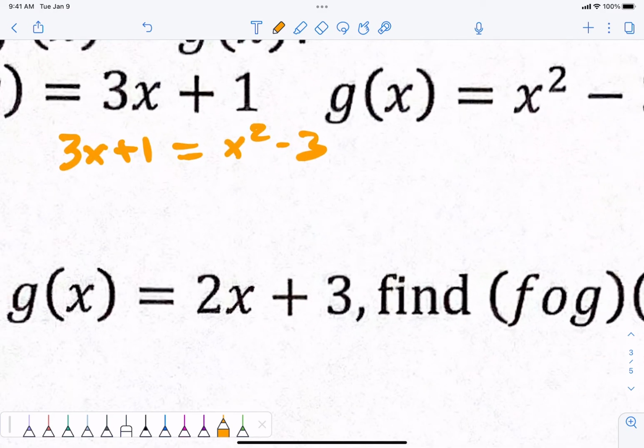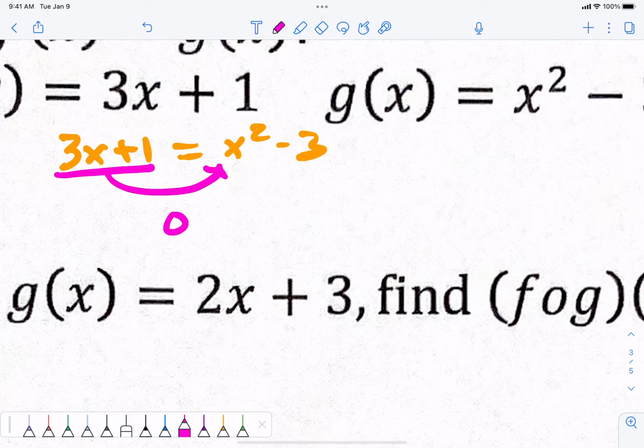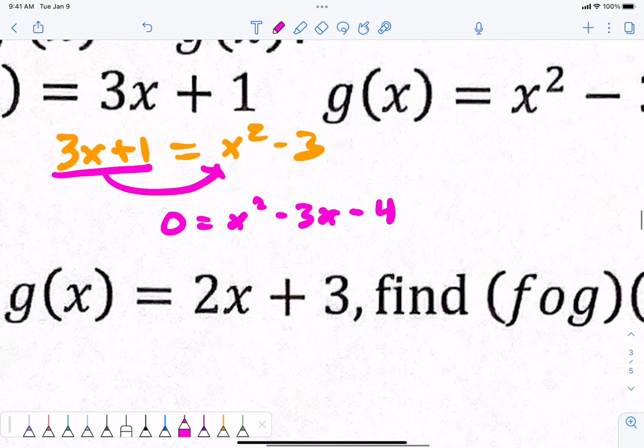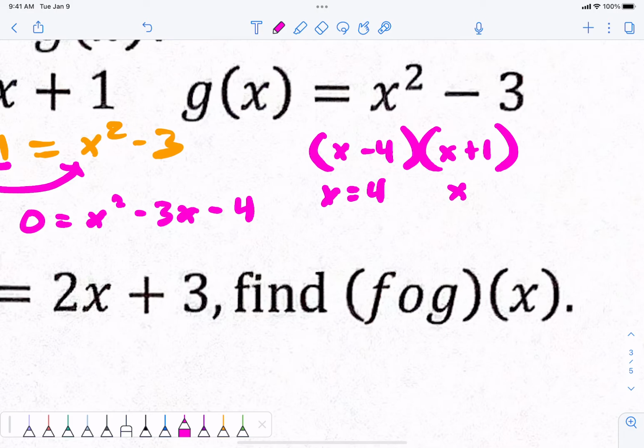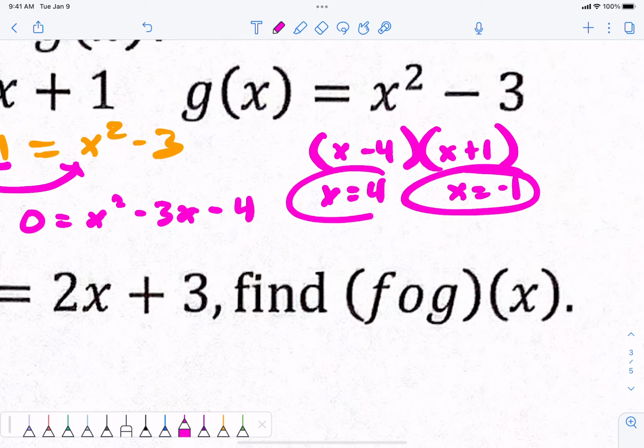We put everything on one side, because we have x's and x squared, so it becomes a trinomial. I'm going to move everything to the right: 0 equals x squared minus 3x minus 4. Oh look, we already did this one. Yay! We didn't slip there. Minus 4 plus 1, so x equals 4, x equals negative 1. We win. I think before though the plus and minuses were off.